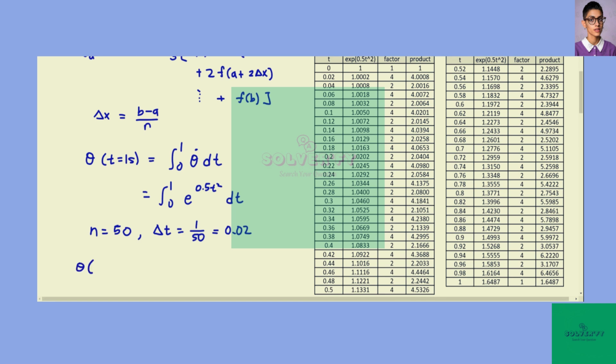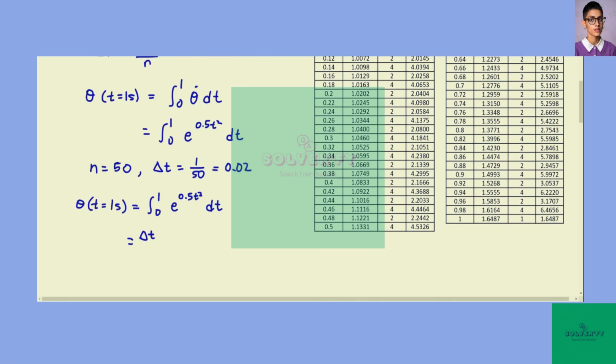So Simpson's rule says theta at t equals 1 second is delta t over 3 times the sum: f0 plus 4 times f of 0.02 plus 2 times f of 0.04 plus and so on until f1, where f of t is exponential of 0.5 t square.